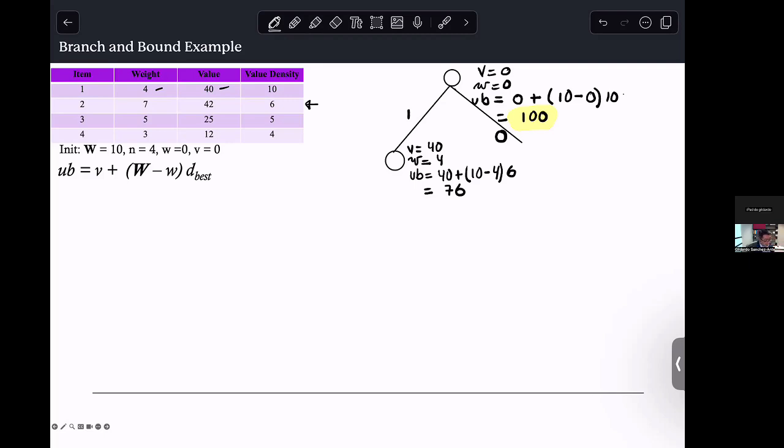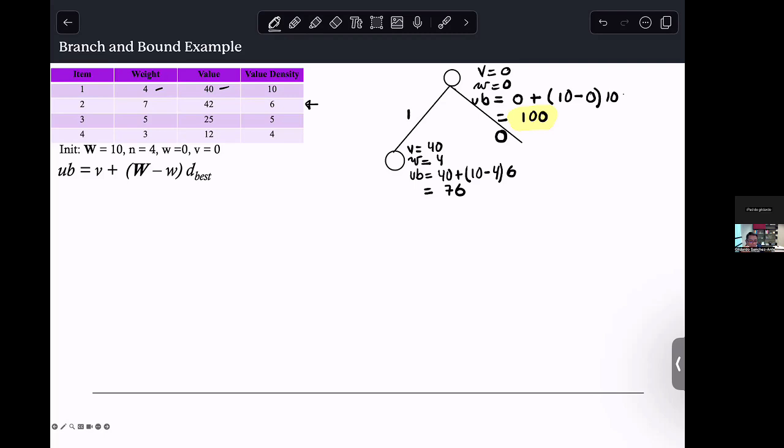added to 40 is going to be 76. So this value means that if I choose to include the first item in the backpack, the best I can do is to obtain a total value of 76 in my backpack.